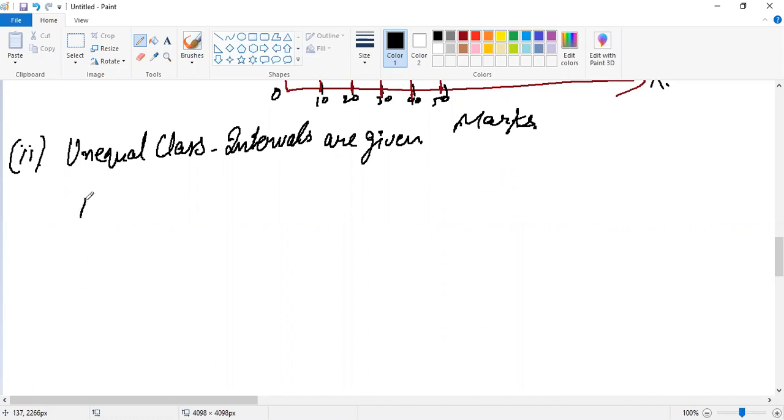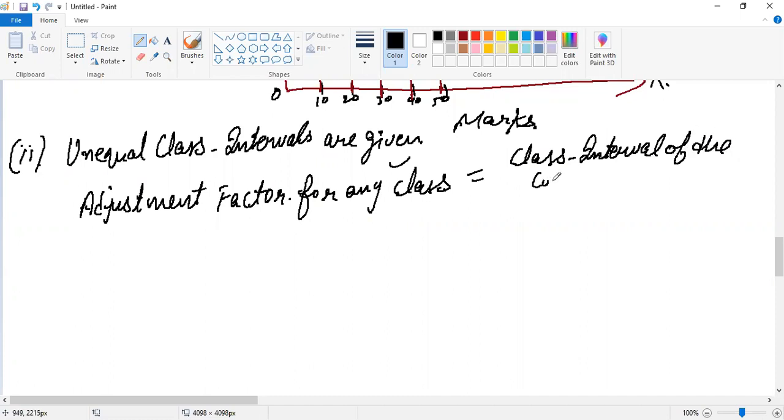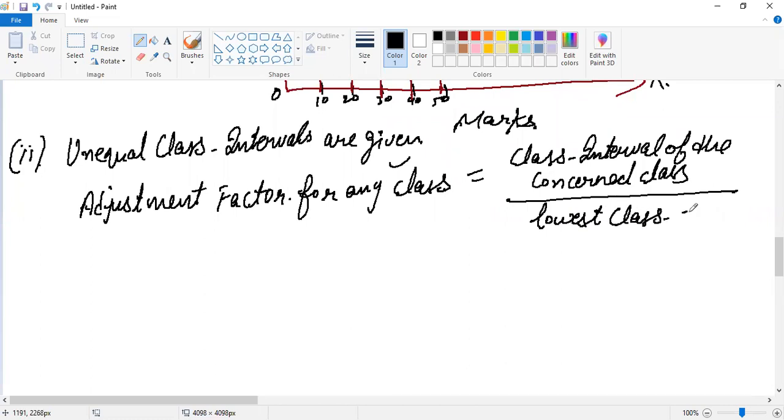The adjustment factor for any class is equal to the class interval of the concerned class divided by the lowest class interval.